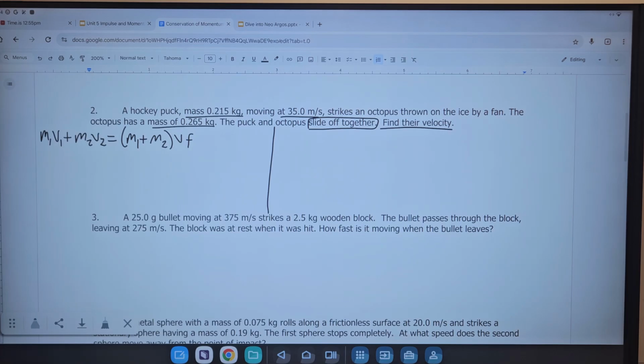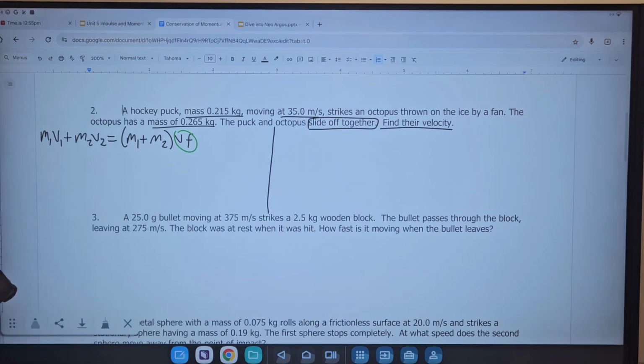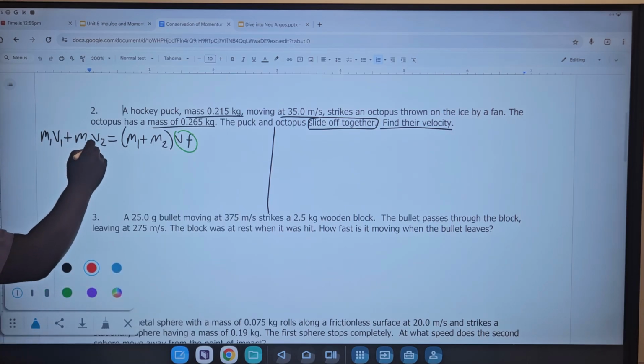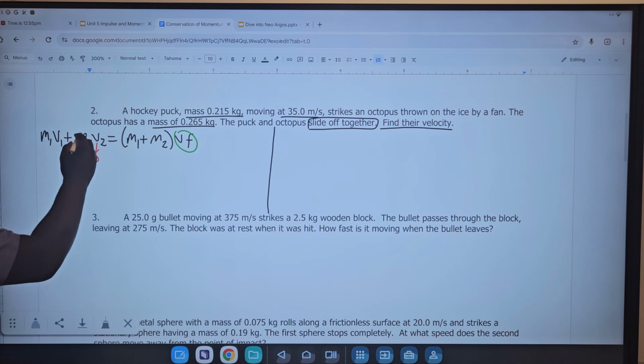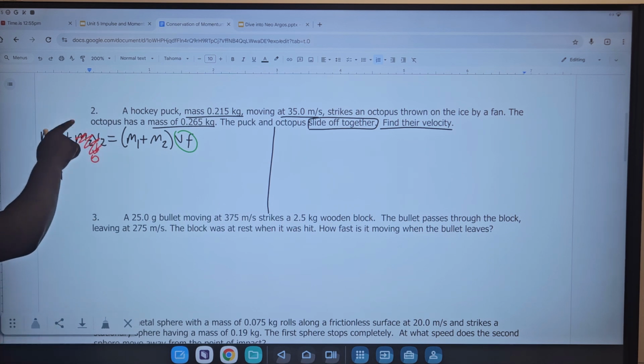Well, we're looking for the velocity in the end, which means we're just trying to get VF. Now, it does not say the velocity of the octopus, so we're going to assume the velocity of the octopus is 0, the initial velocity anyway. Let's assume that's 0, which means all of that goes away. V2 is 0, so that means that entire first term goes away.